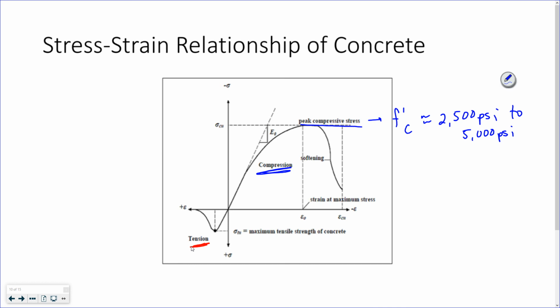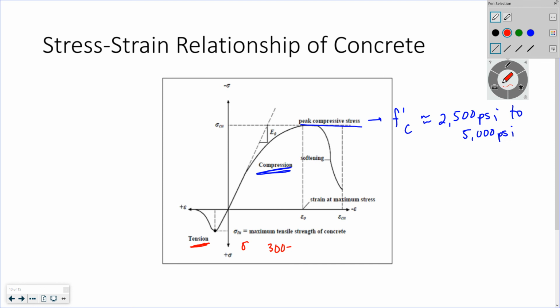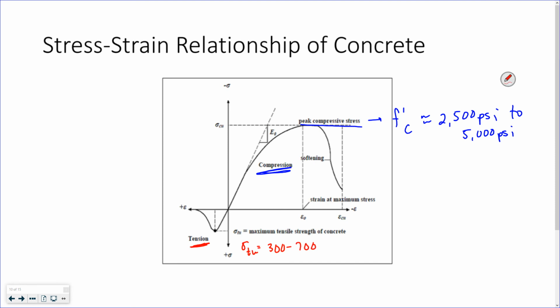Your maximum tensile stress down here is about 300 to 700 psi. So we're talking about an order of magnitude between their tensile strength and compressive strength.